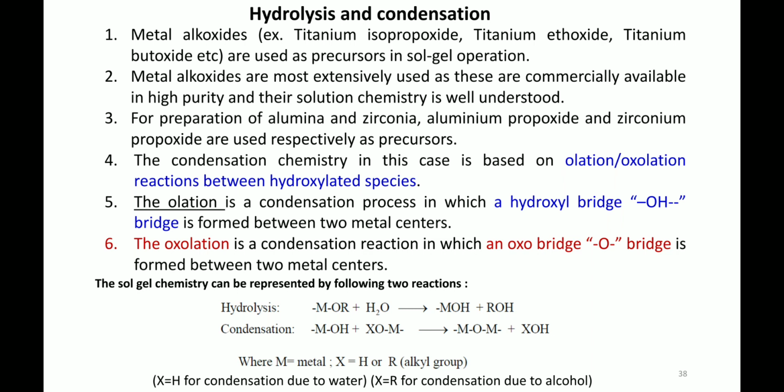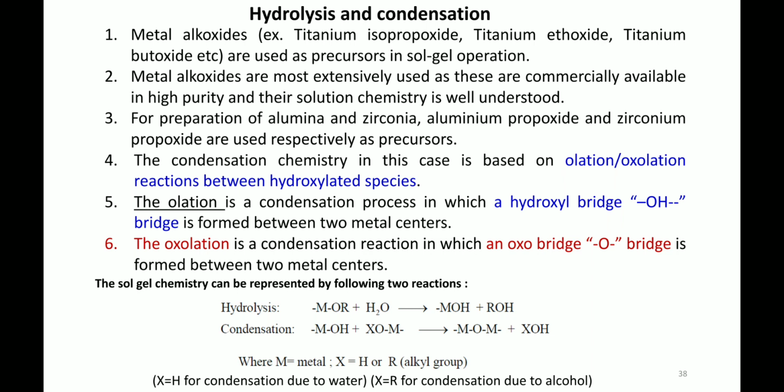Metal alkoxides are most extensively used as these are commercially available in high purity and their solution chemistry is well understood. So why do we have to choose these alkoxides? It has two advantages. The first advantage is that it is easily available commercially, it is low cost, and the purity is high.